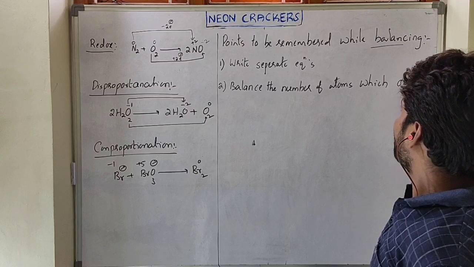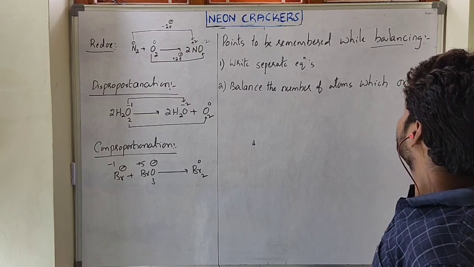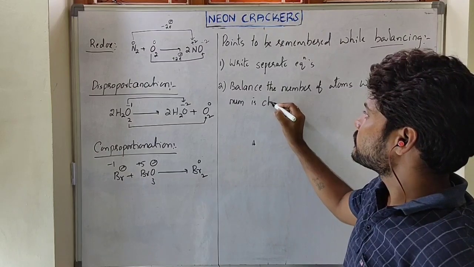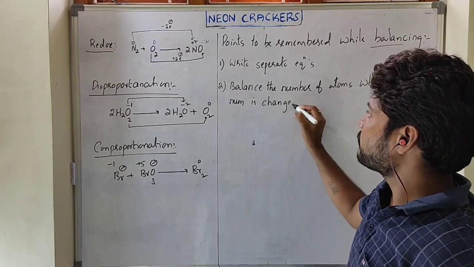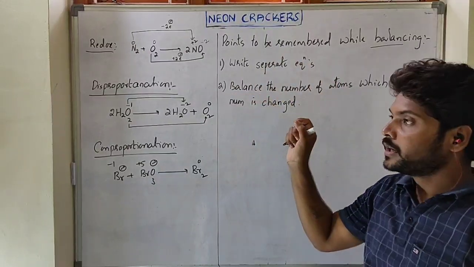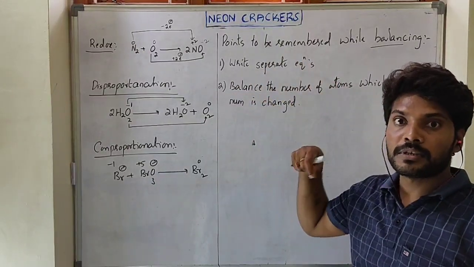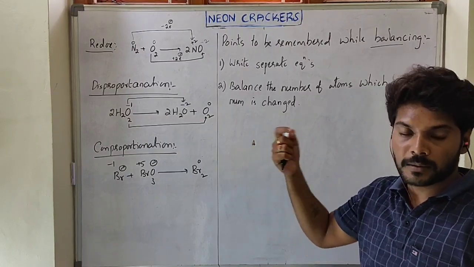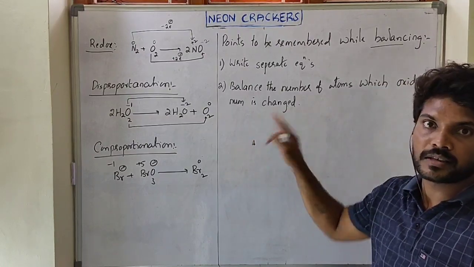So the second point, what we have to do after writing the separate equations: first focus on the atom whose oxidation number is changed. Either the same number of atoms are there or a different number of atoms are there. If a different number of atoms are there, we have to balance that first.